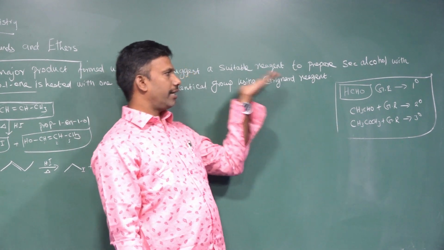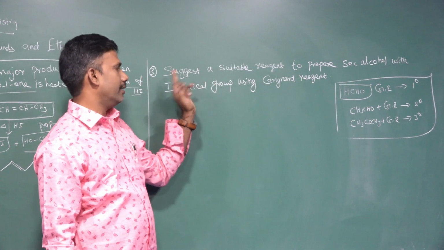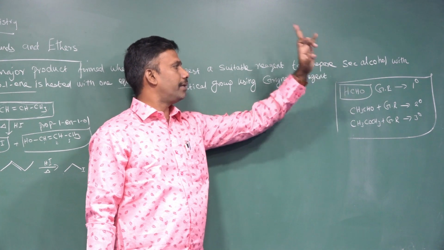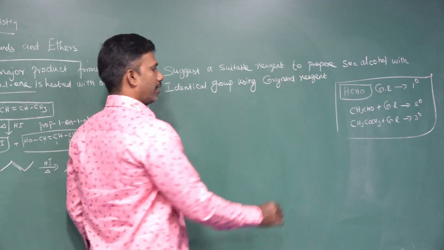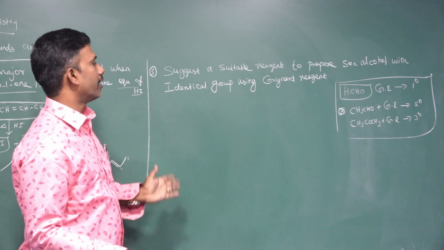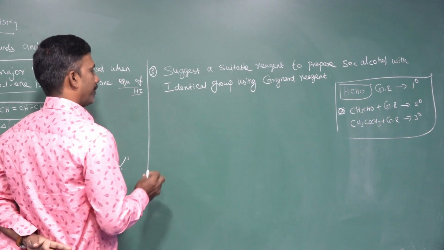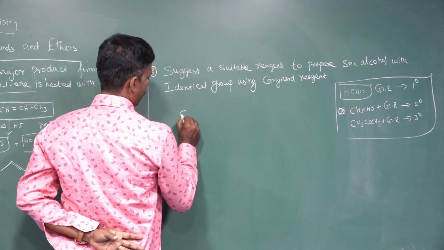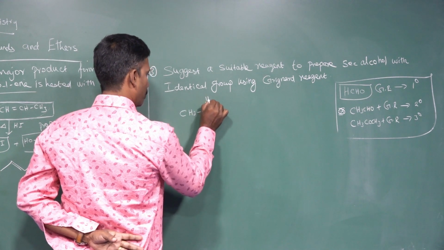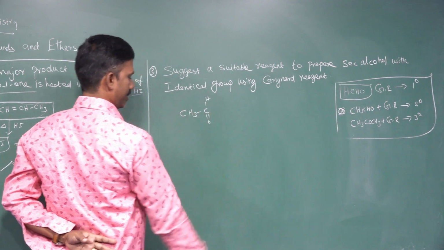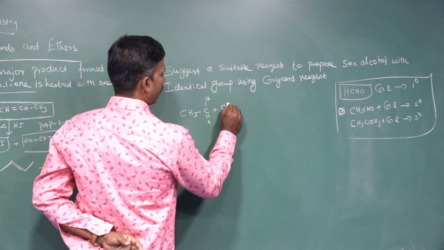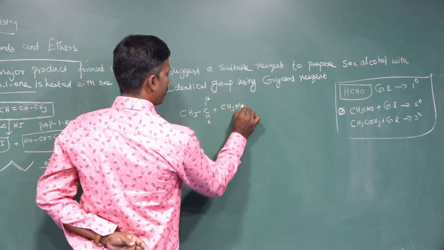Now let us move on to the question. They asked for a suitable reagent to prepare a secondary alcohol. You mention acetaldehyde. If you take acetaldehyde with the Grignard reagent, you are going to get an alcohol. Let me write this. Acetaldehyde, then Grignard reagent, methyl magnesium bromide.